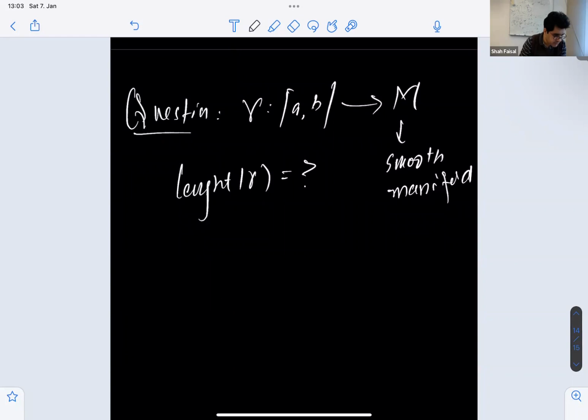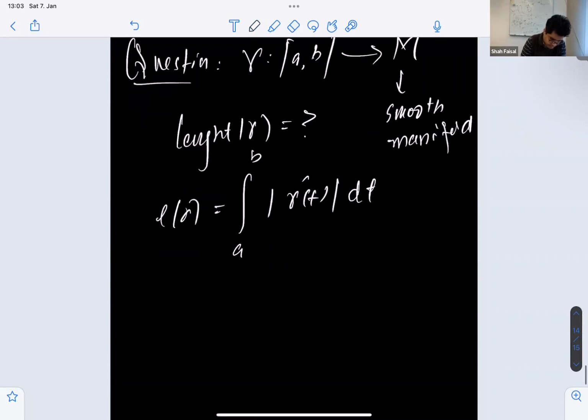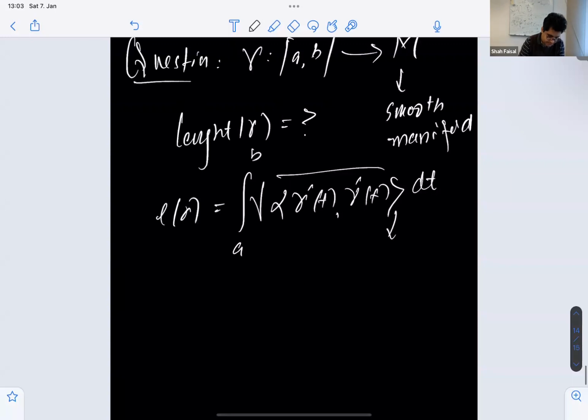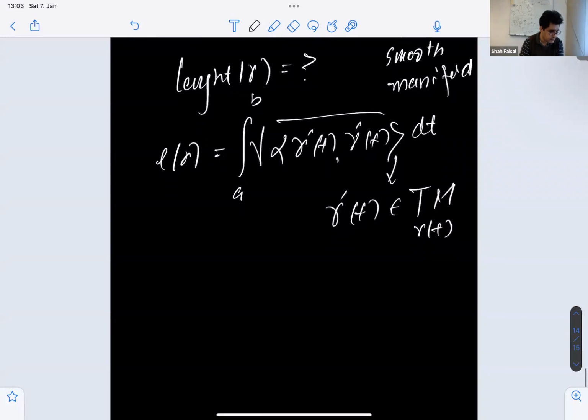If you go back to the Euclidean case, you can say, let's say I want to define it like this: the integral of the square root of the inner product of gamma prime of t with itself, dt. Now, this gamma prime of t is basically a tangent vector in the tangent space of M at gamma of t, right?